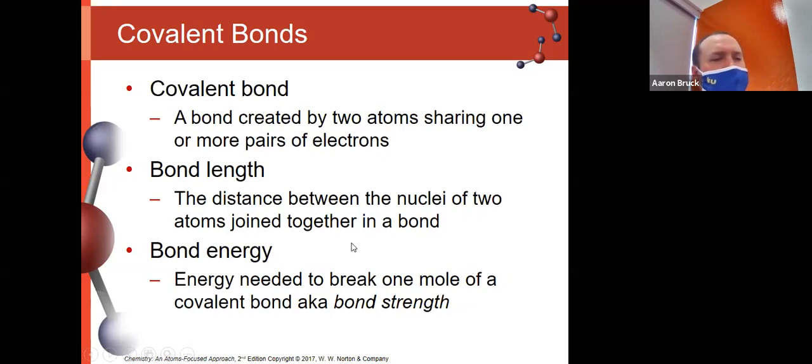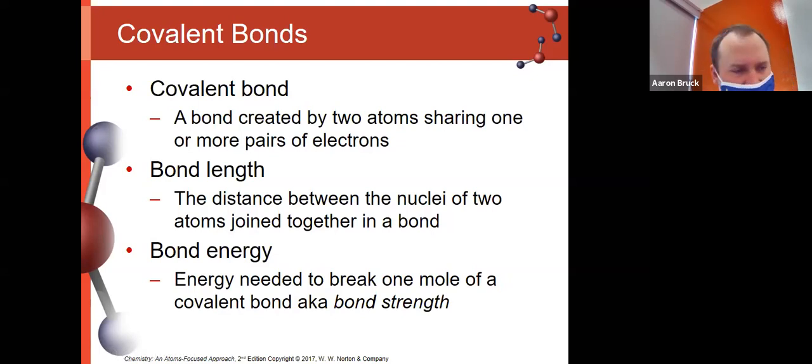Now covalent bonds are formed in the sharing of electrons. And we can classify a covalent bond based on two factors: bond length and bond energy. Now we'll talk more about bond length and bond energy on a later date, probably next Wednesday, when we'll talk about bond enthalpy more formally.